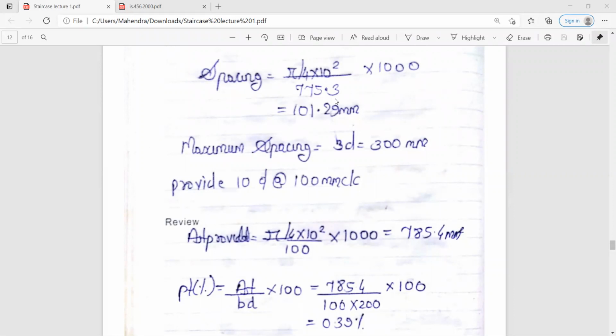Always you have to consider the minimum spacing. Whatever minimum value you are going to get of the spacing, that spacing you have to consider for the design.